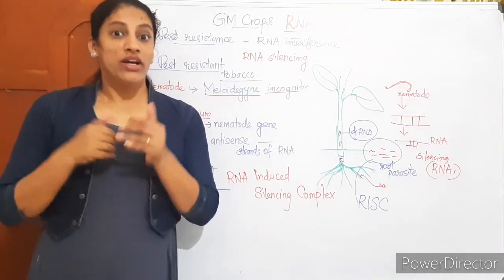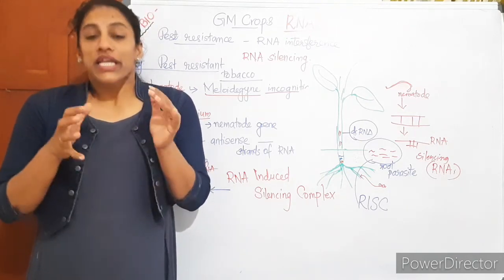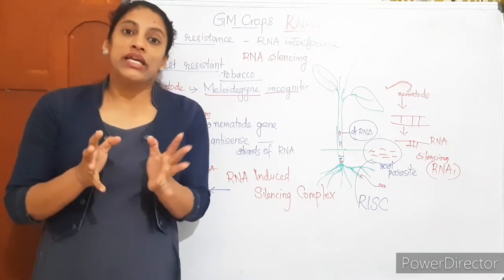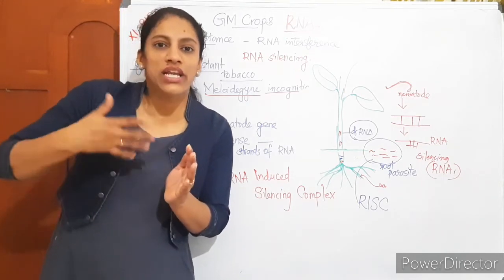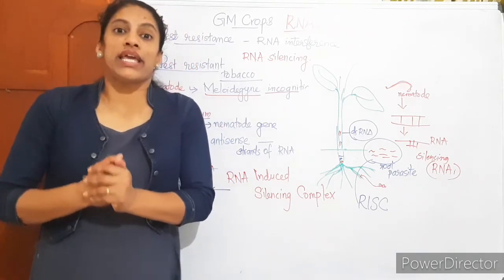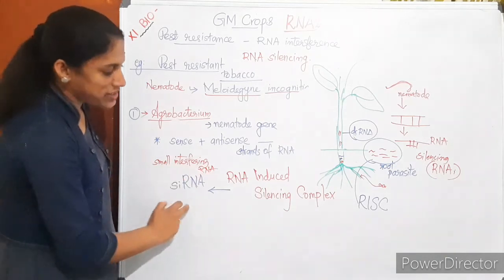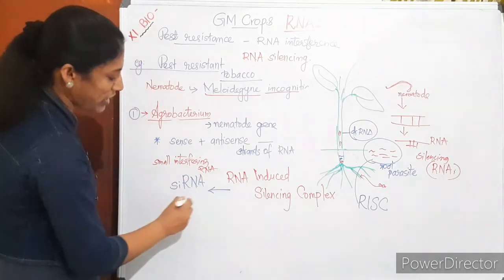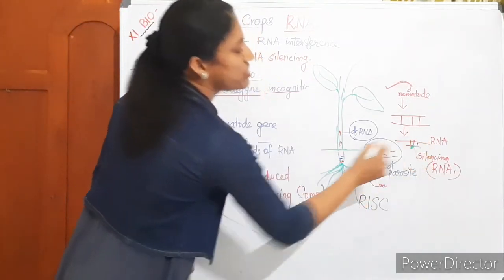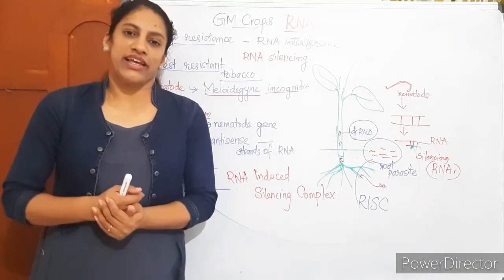In this RISC, the double-stranded RNA is cleaved into a number of small RNA fragments. This is known as siRNA, small interfering RNA. These siRNAs will go and bind to the nematode RNA, so that the nematode RNA is silenced.